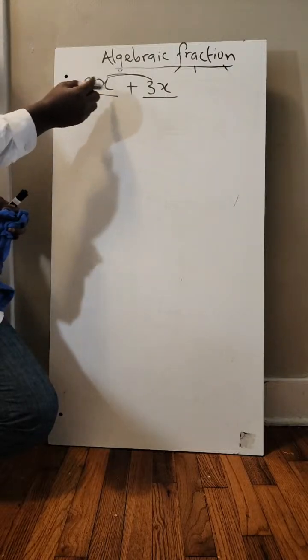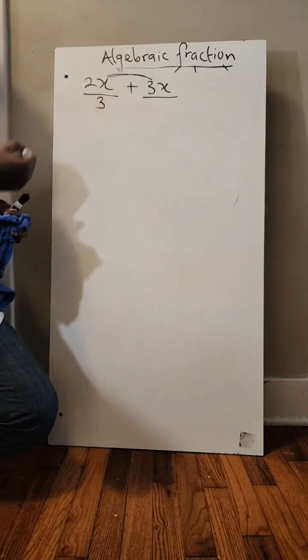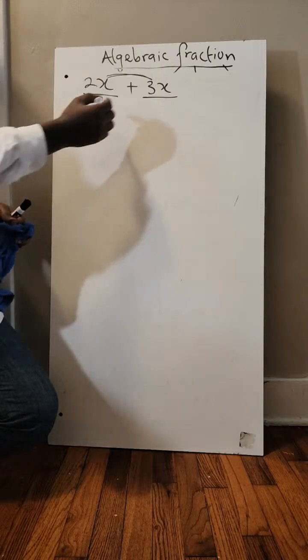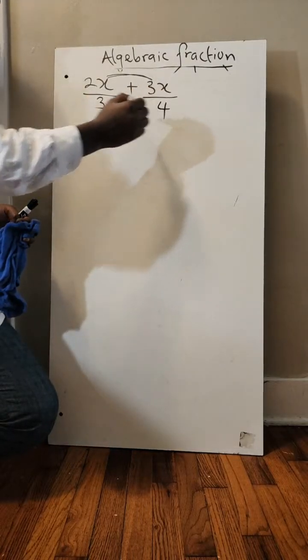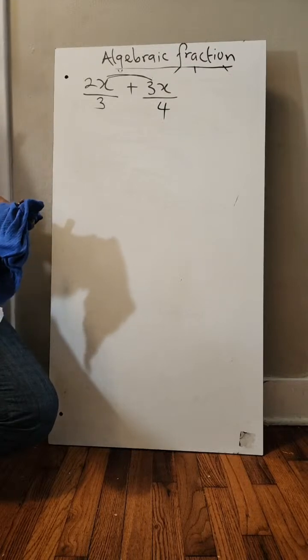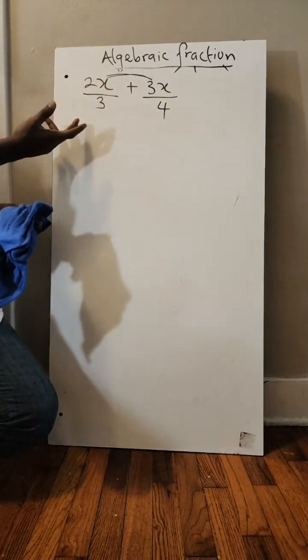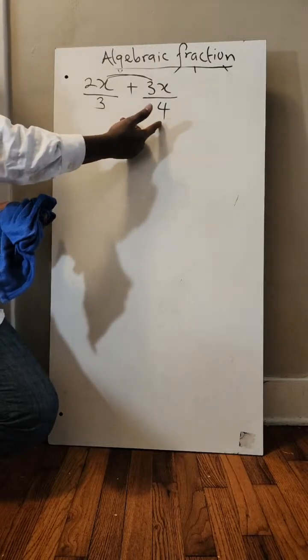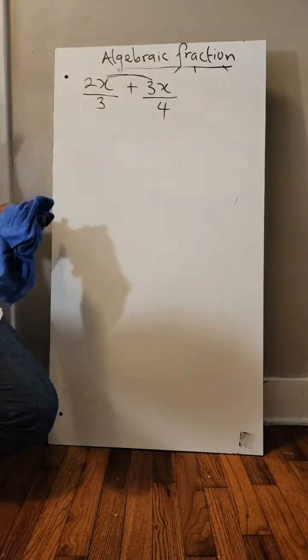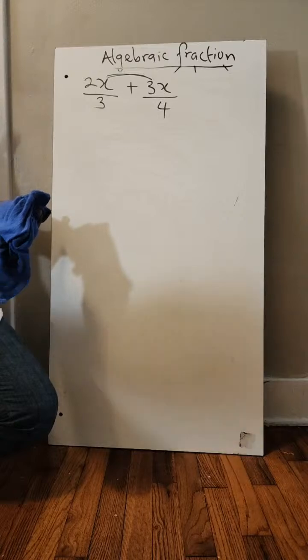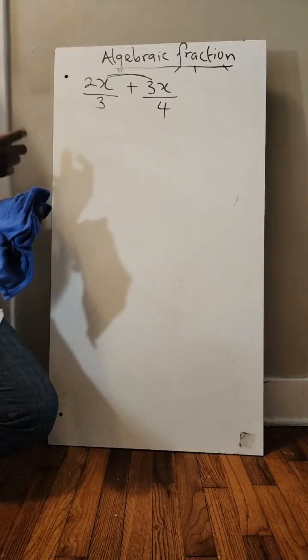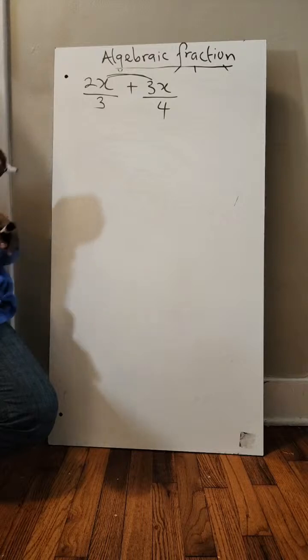For example, we have 2x over 3 plus 3x over 4. If you look at this rule number 2, the denominators are not the same. Then what are you going to do?